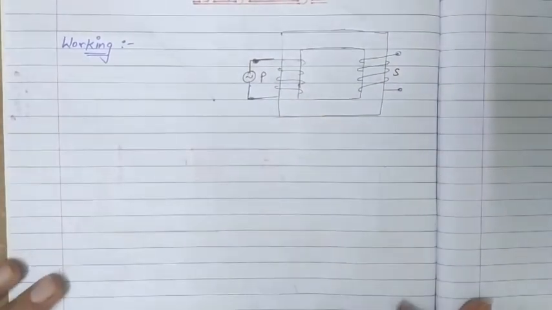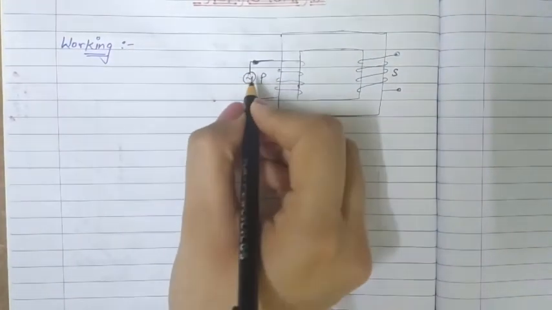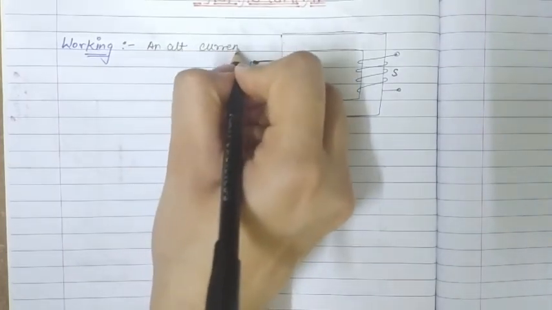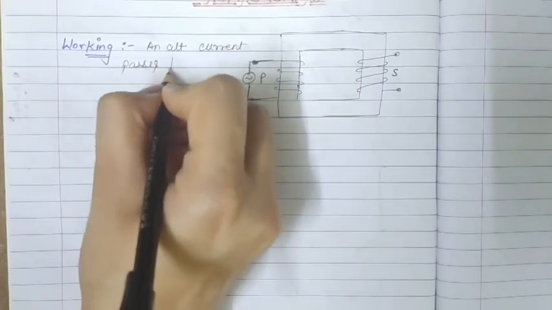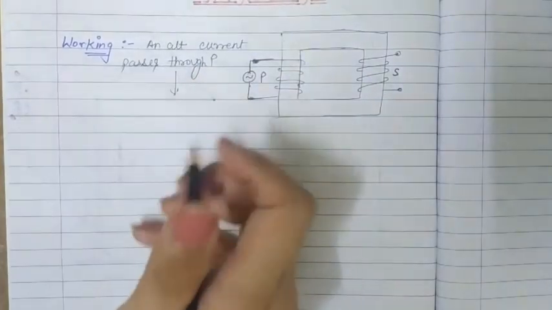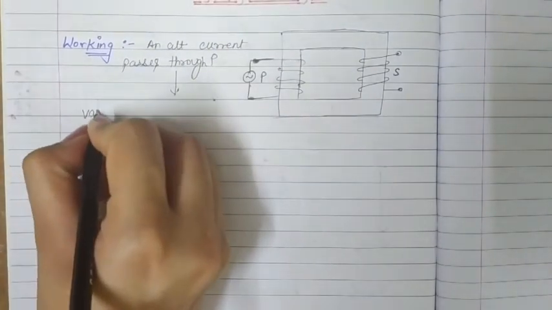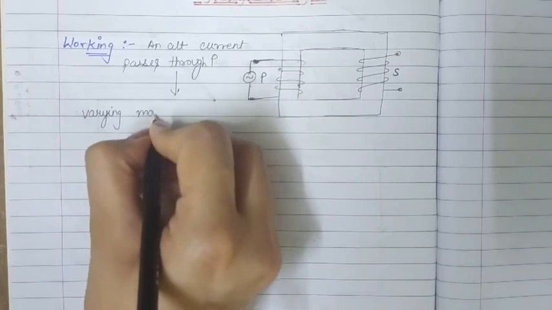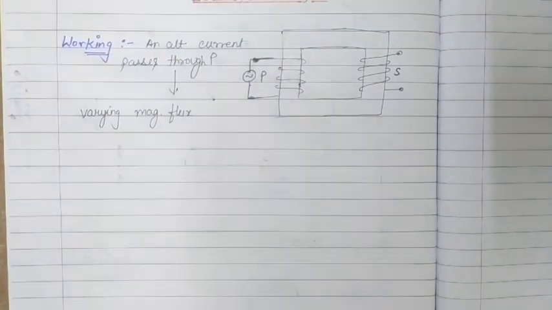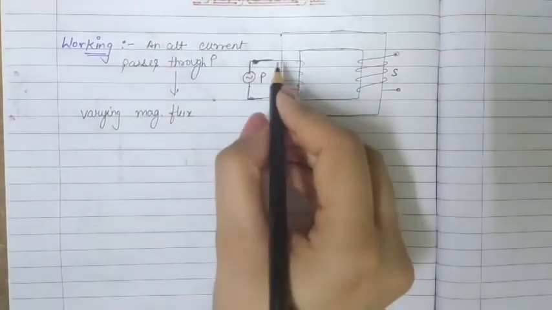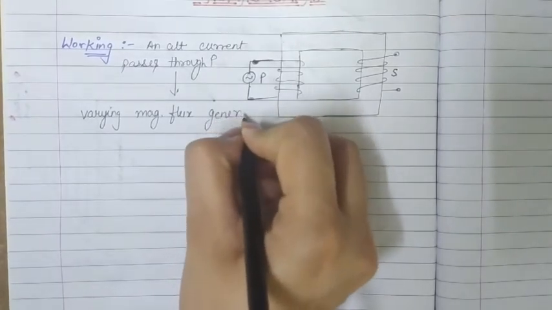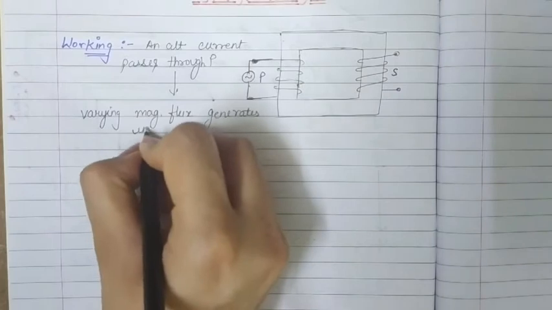Okay, so what has happened is, as we applied this alternating source here, an alternating current passes through the primary coil, and because of that a changing or varying magnetic flux is generated in the core.